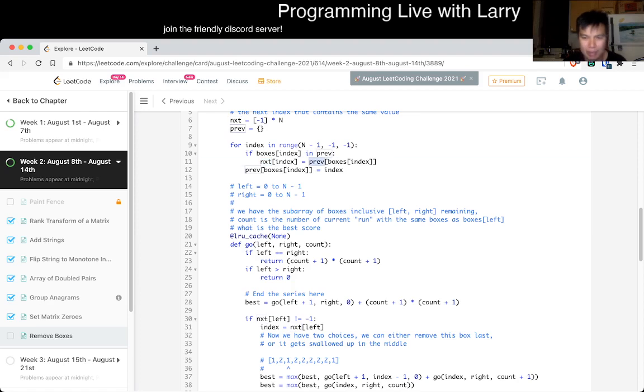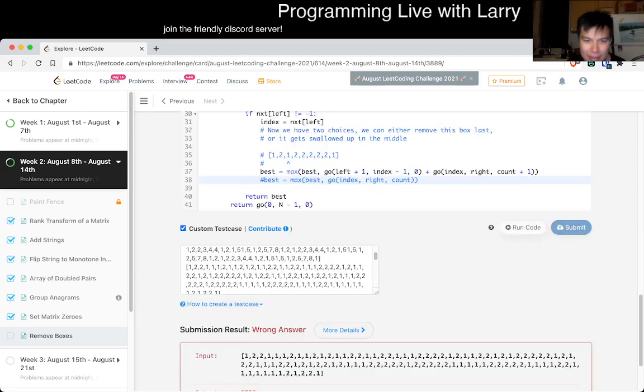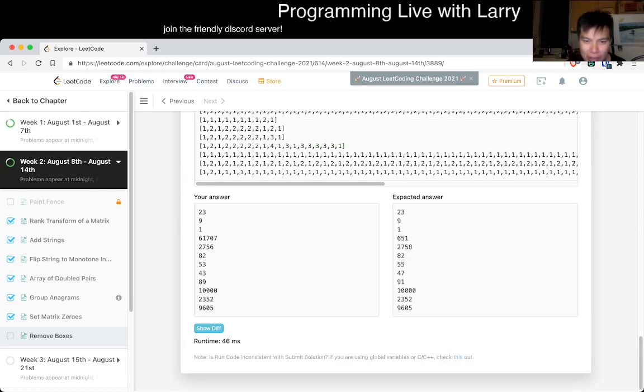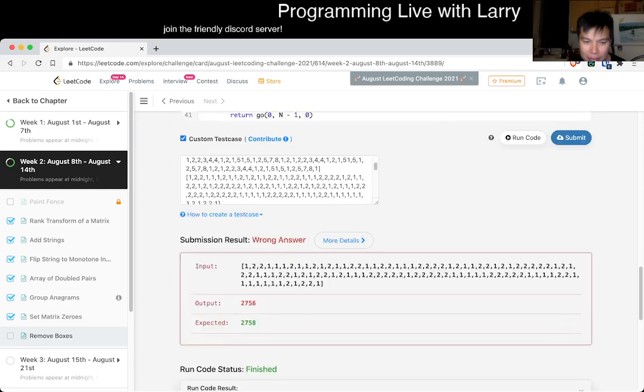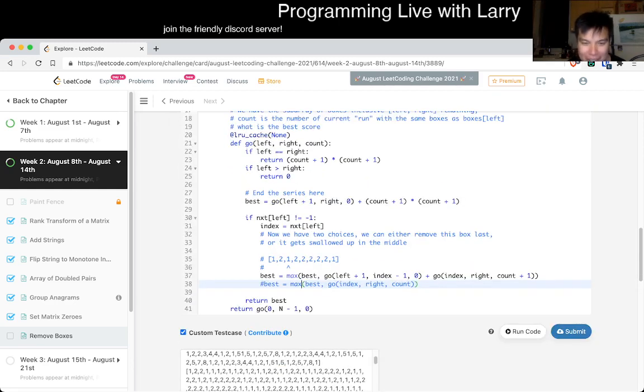Next index, okay. That sounds like it should be good, but I don't know. Just want to see what happens. So that's still really awkwardly wrong. It gets the wrong answer very fast though, which is good.